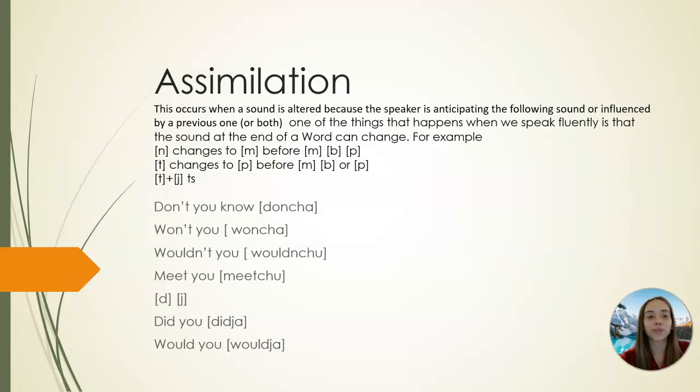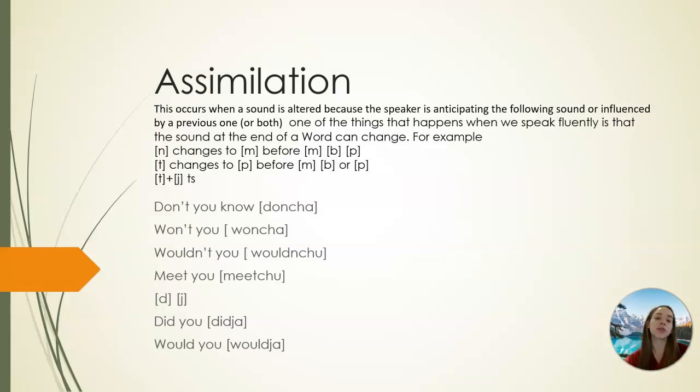For example, N changes to M before M, B, and P. T changes to P before M, B, or P. T plus J sounds like ch.